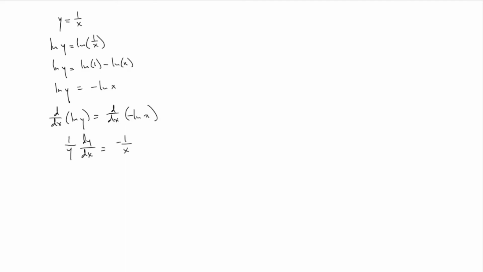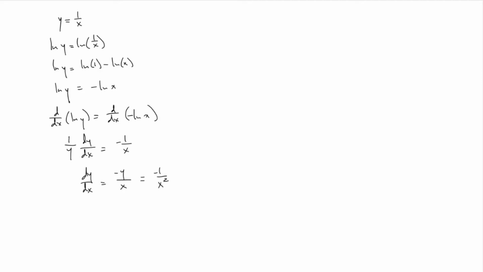And on the right, you can just pull the negative outside of the derivative, and you get that the derivative of the negative natural log of x is negative 1 over x. And then as we've seen before, after you do the algebra, you get that dy dx is negative y over x. And since y is 1 over x, this simplifies to negative 1 over x squared, just like it has every other time that we have taken the derivative of 1 over x.